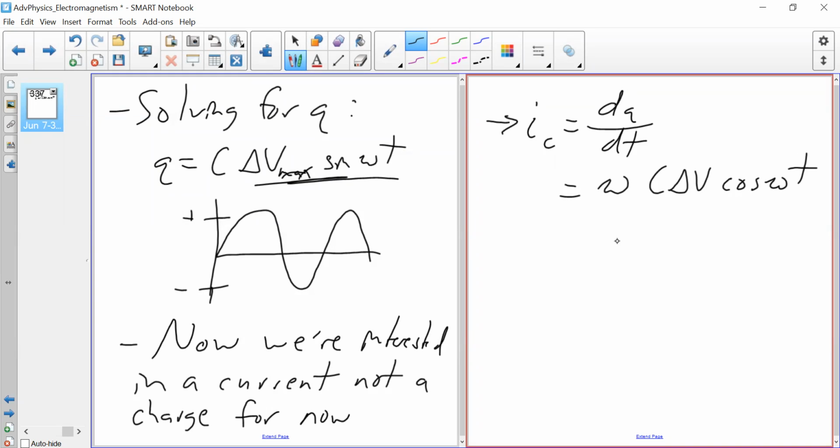circuit would look like. Now, capacitors don't conduct current or electricity, they discharge. And so this would be the current after the capacitor discharges through the rest of the circuit. Wait, Mr. Kelly, you took the derivative of that sine function, right?